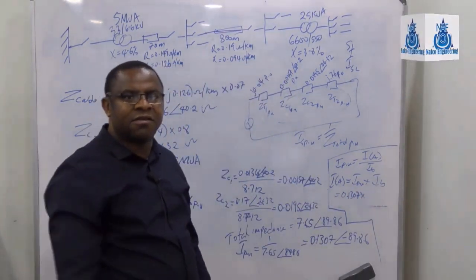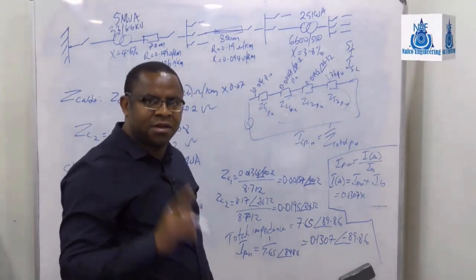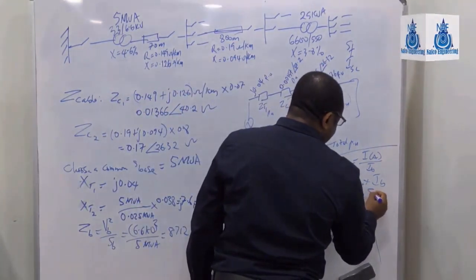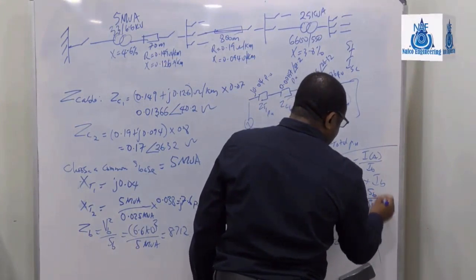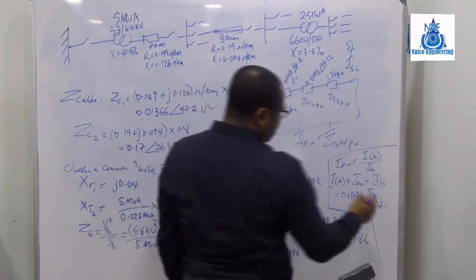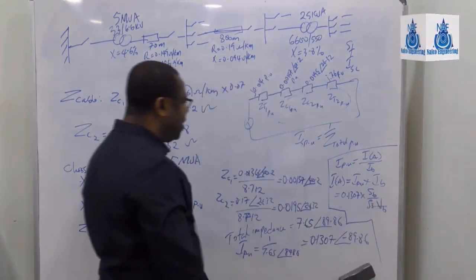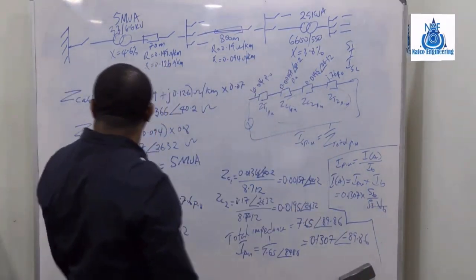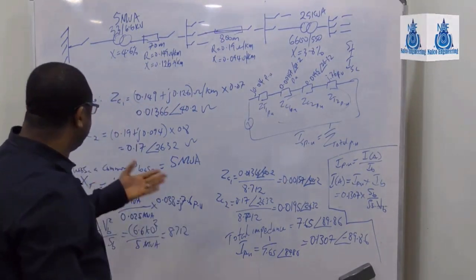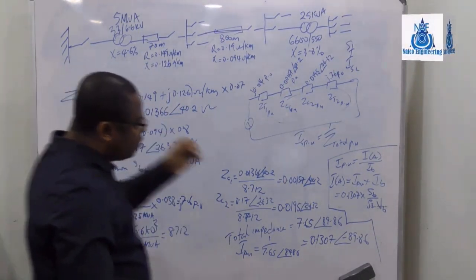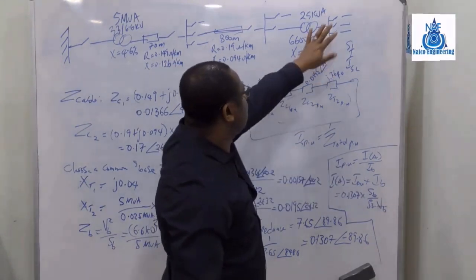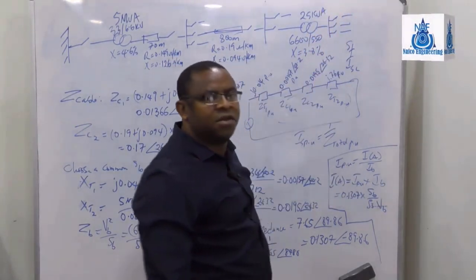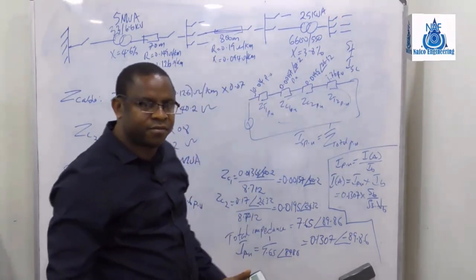I base is S base over root 3 times the base voltage. We chose S base to be 5 MVA. What's the voltage there? You look at the voltage where the board is. The voltage at the board is 550.